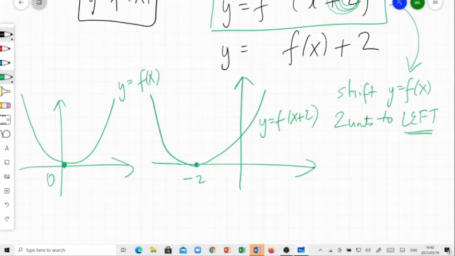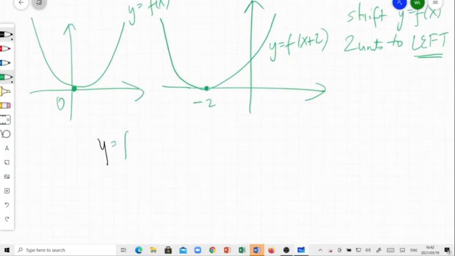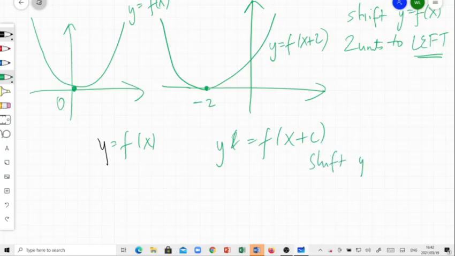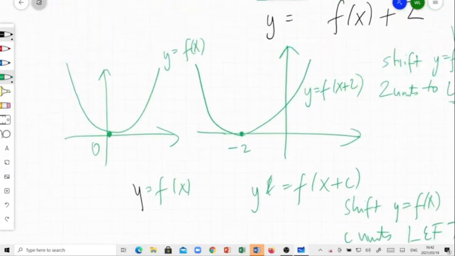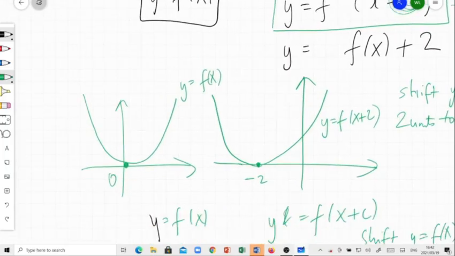So in general, if you have y equals f of x and you have y equals f of x plus c, you just shift y equals f of x c units to the left. Right, so therefore, this one is a horizontal shift.